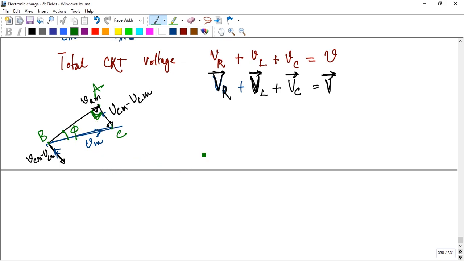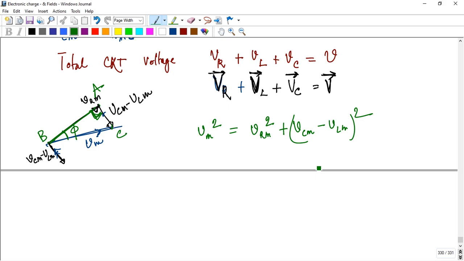That's why we apply the Pythagoras theorem: the hypotenuse squared VM squared is equal to base squared VRM squared plus perpendicular squared, VCM minus VLM squared.